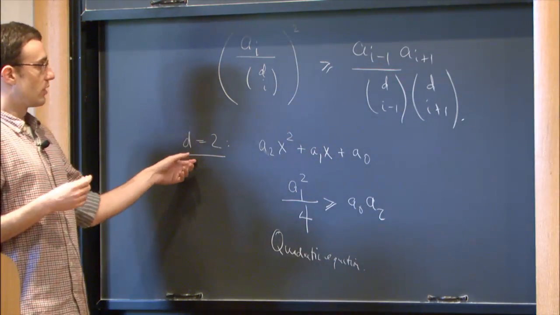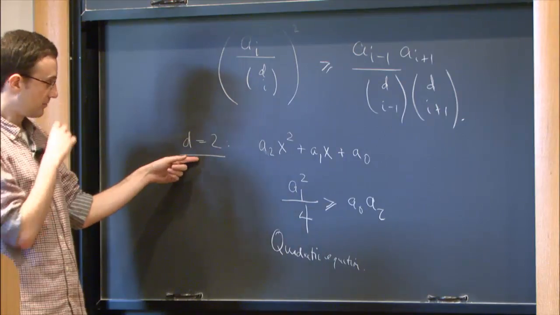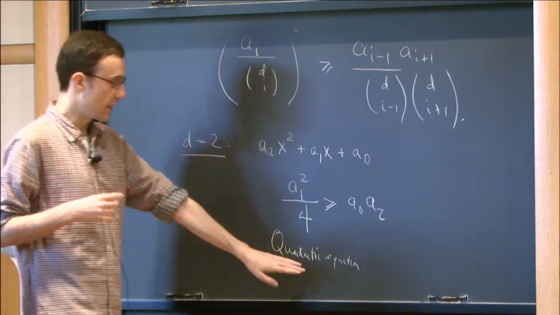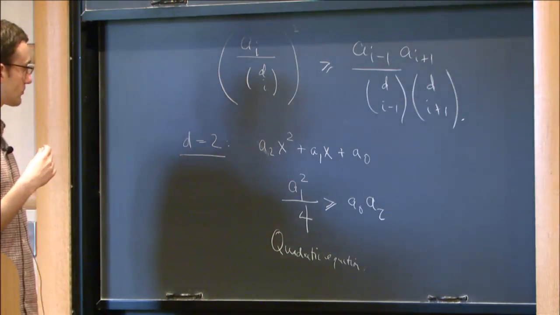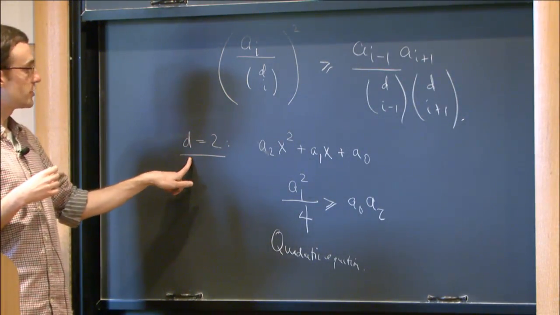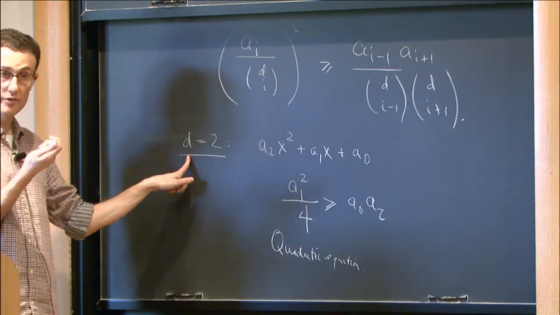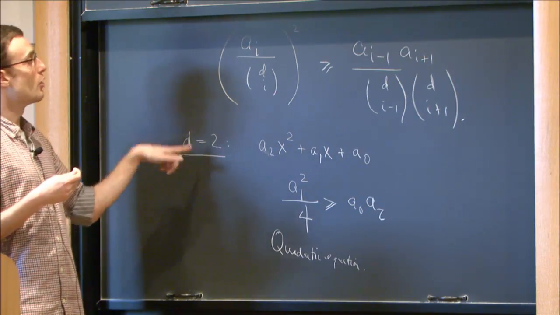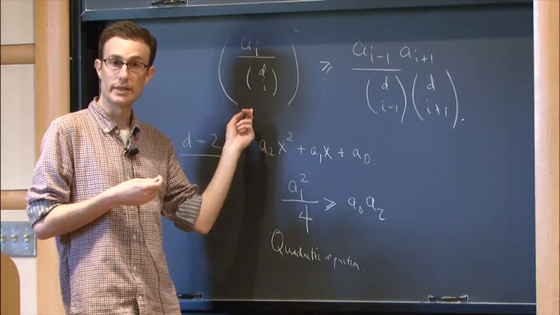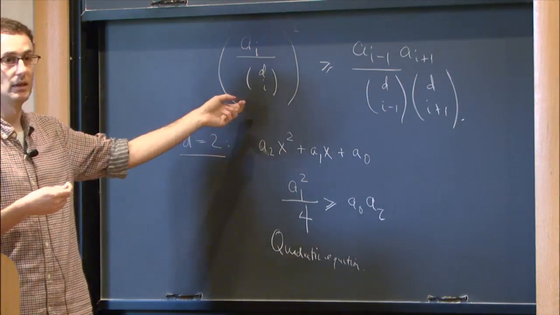And now for more general d, you can prove it by the discriminant being non-negative. For general d, what you can show is that anytime you take the derivative, you go from these quantities d plus 1 choose i to this quantity d choose i.